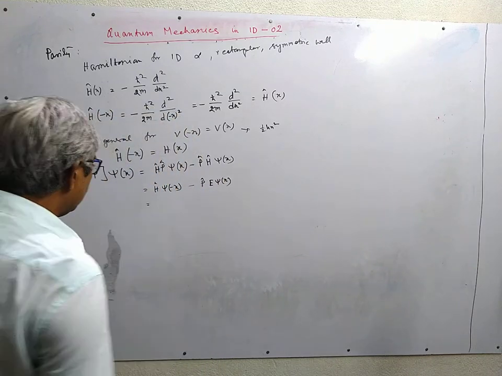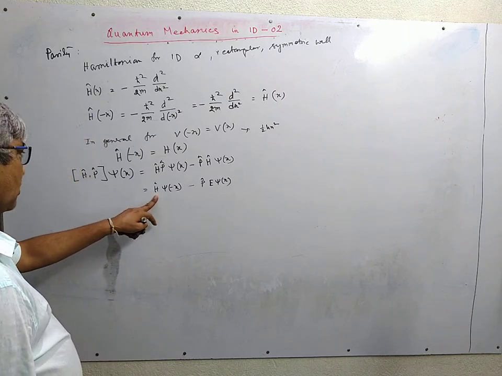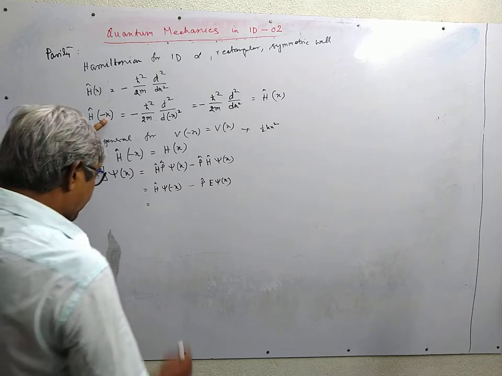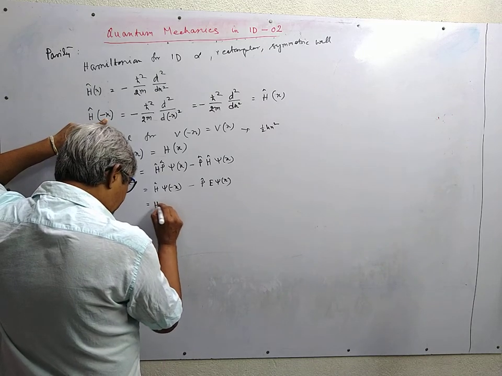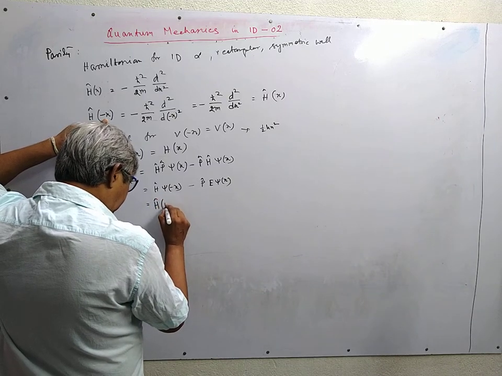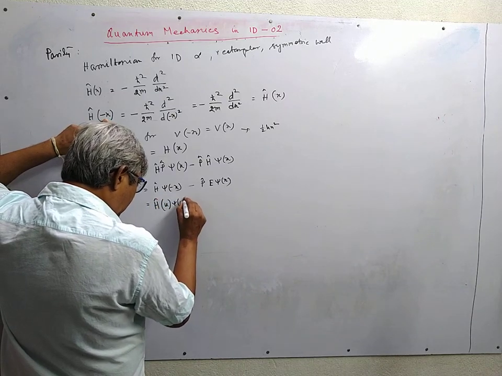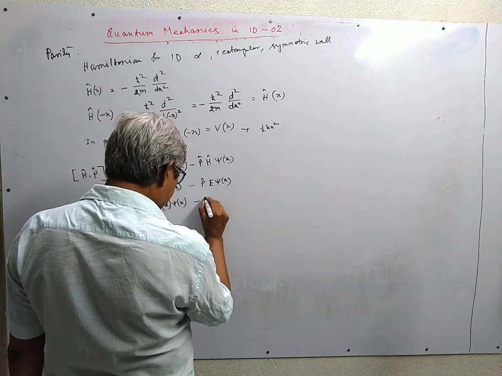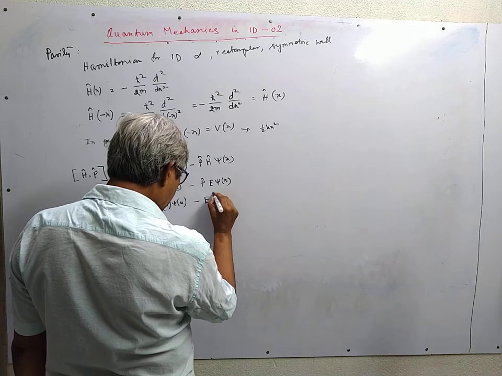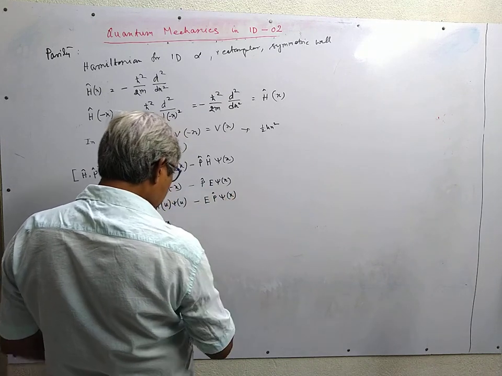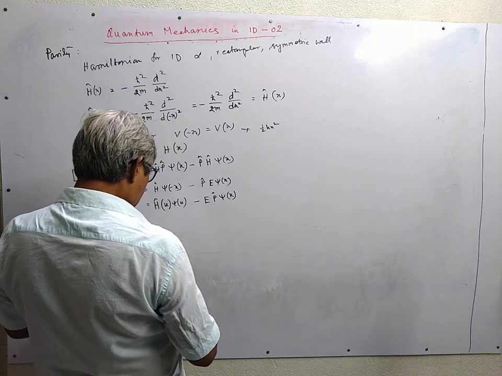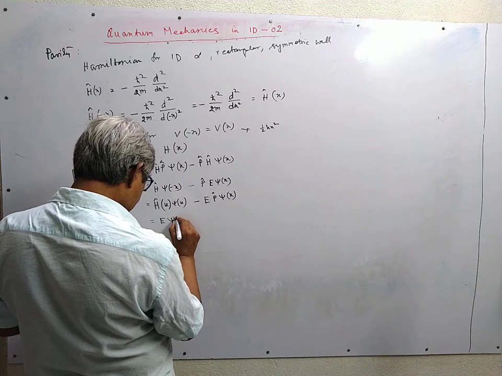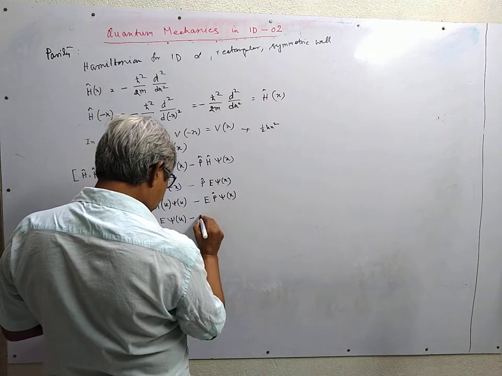Now you have seen that H does not undergo any change by changing x to minus x, so we can write it as H of u psi of u, where u is equal to minus x, and for this we write, and this is zero.